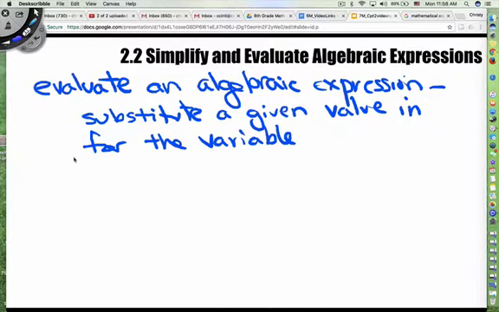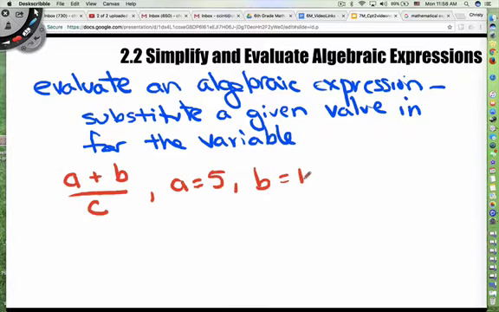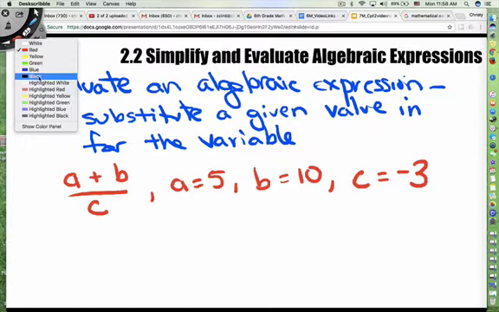So let's go ahead and change colors. Let's say that I have something like A plus B divided by C, and it tells me A is equal to 5, B is equal to 10, and C is equal to -3. So what we'll do is substitute.